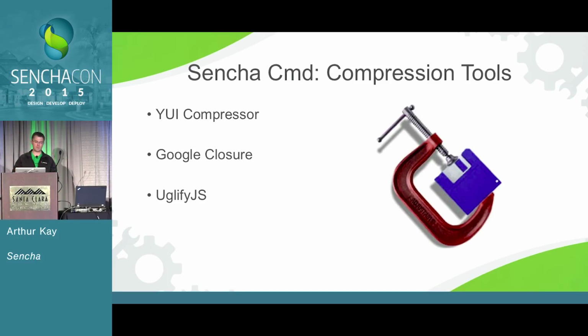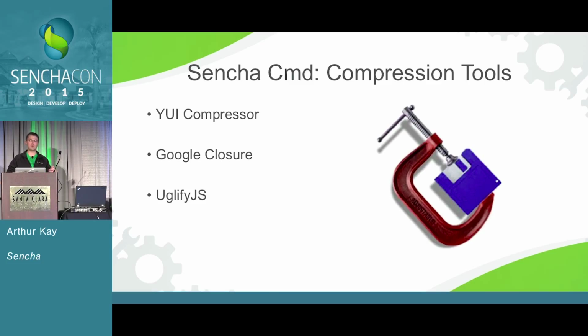Google Closure compiler is also built with Java, but it only does JavaScript compression. So it does not compress any CSS code. It has additional flags to help customize the way in which it compresses your code.